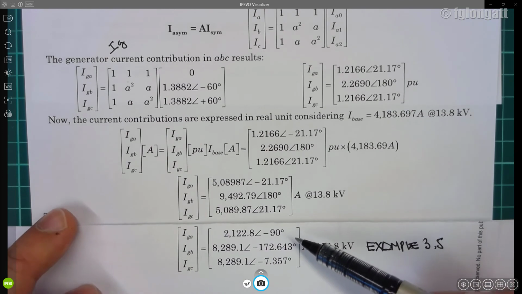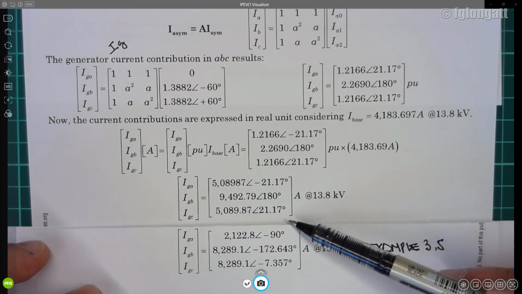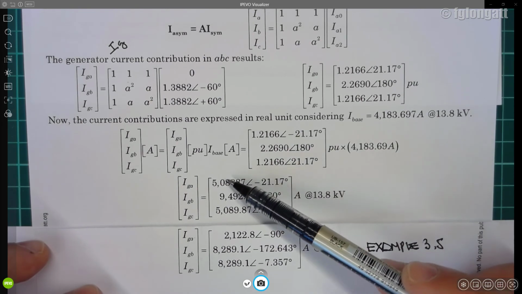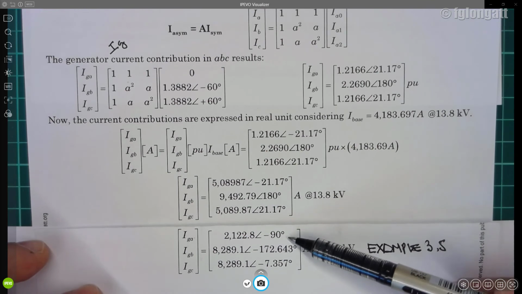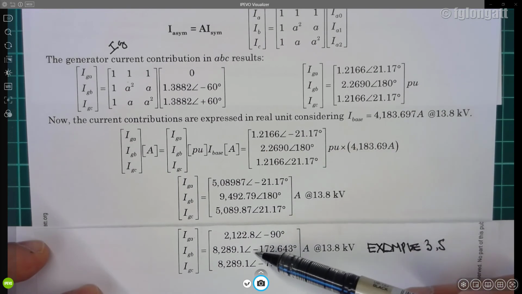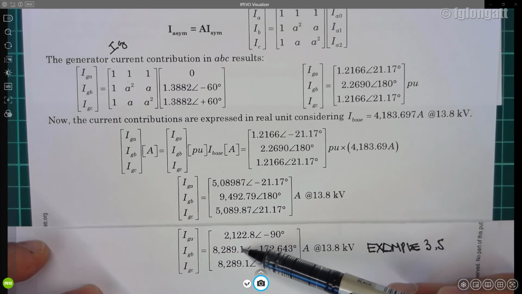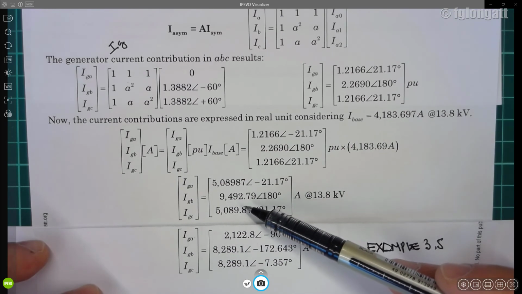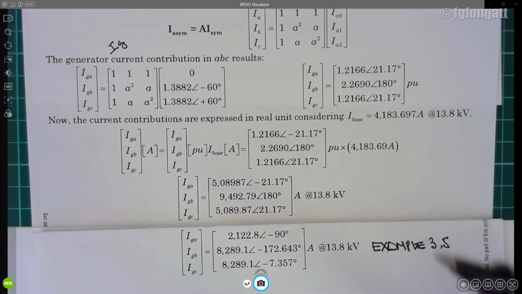You can see here the current coming from A, B, and C. And you can see that in this case, line A increased the current, and also the phase angle changed, and phase B also increased. But in the case of phase C, the current decreased.